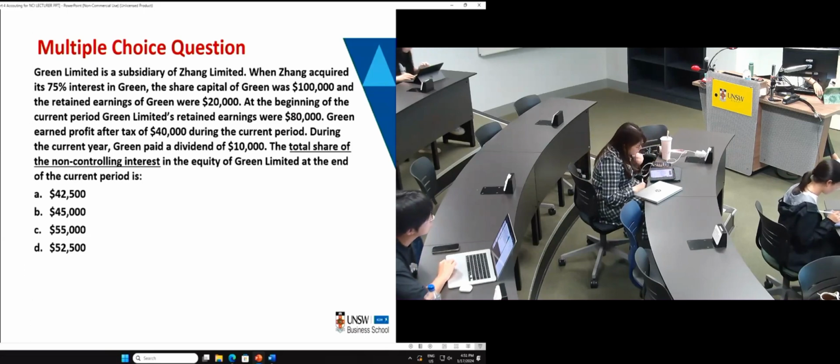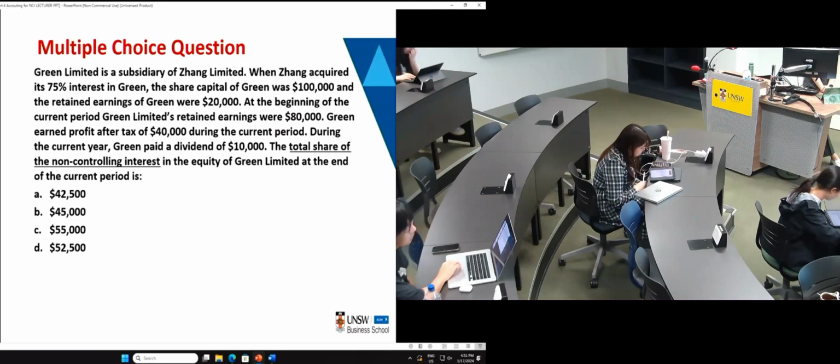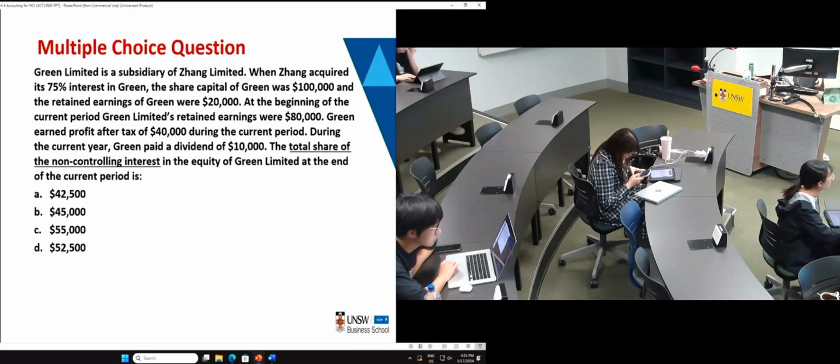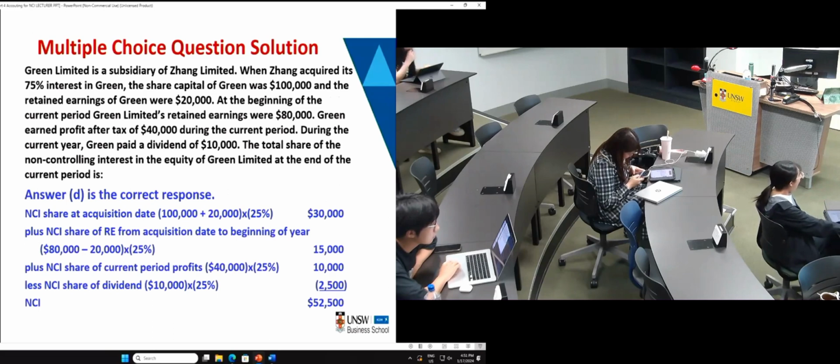Do you agree, D? Not yet, okay. Hongren, Wang Hongren, yeah. Which one you choose? C, okay, so we have a different opinion. Xing Chen, what do you think? You choose D as well. Okay, I got two students choose D, one chooses C. Let's look at the calculation. D is the right answer, okay?